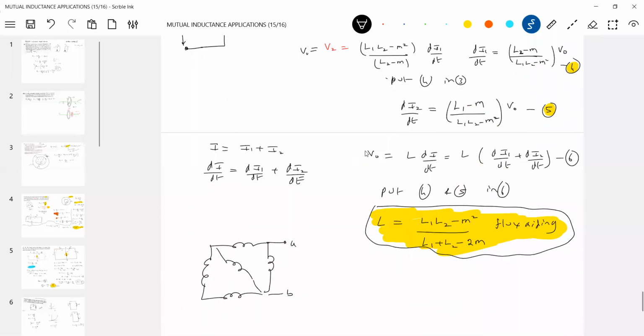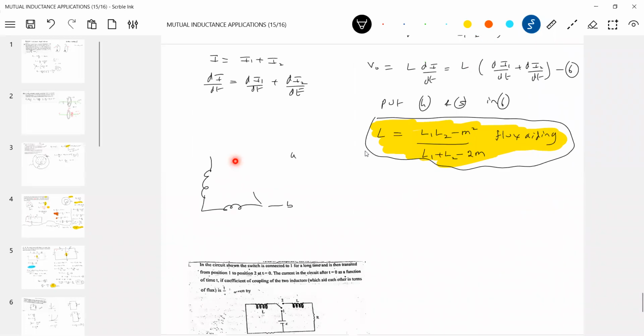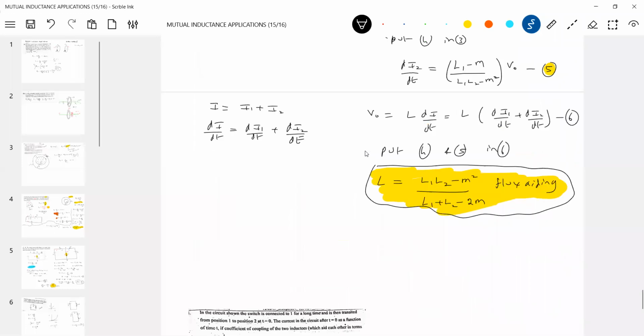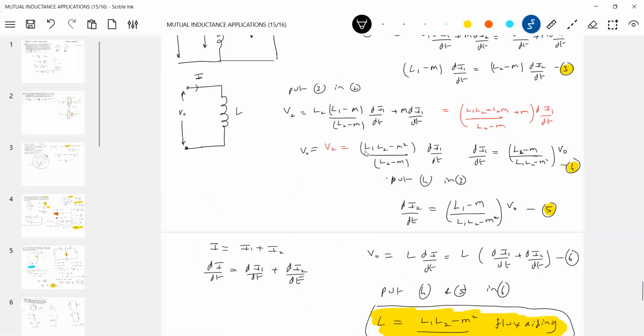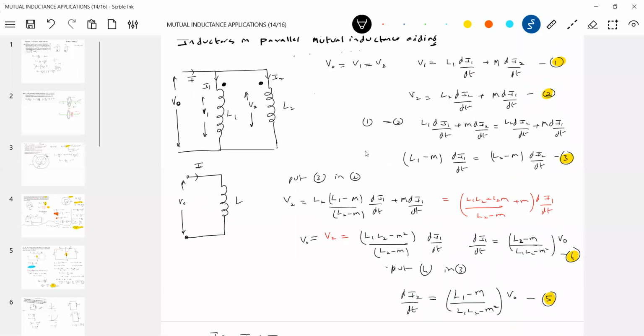This is for flux aiding. Now we'll get also flux opposing. How do we show flux opposing? In the solenoids, the turns are wound in such a way that the B bar in both the solenoids will be in the same direction.